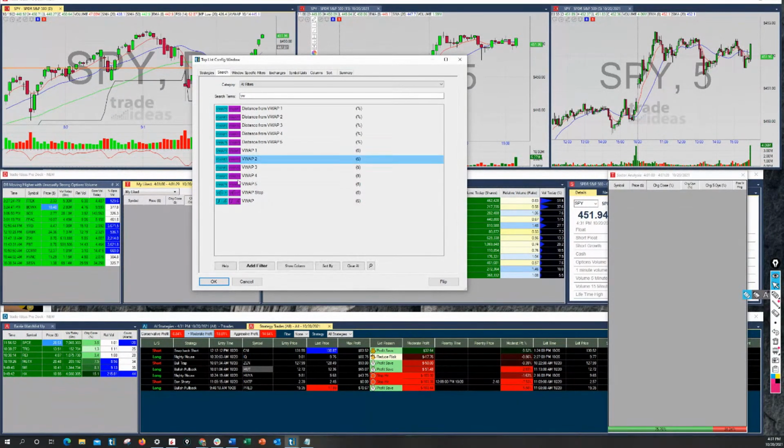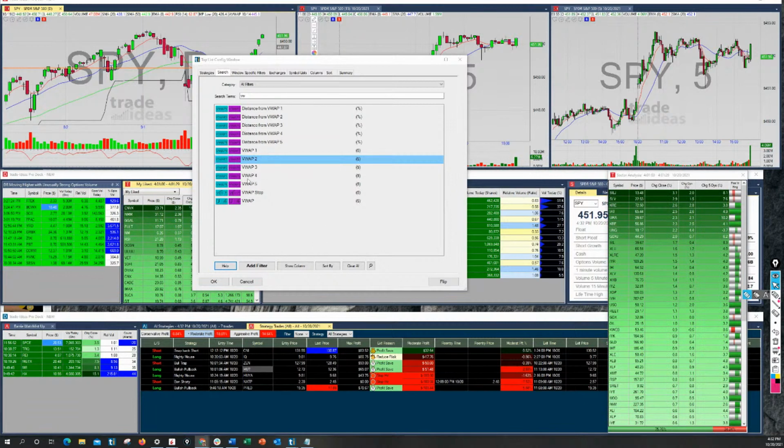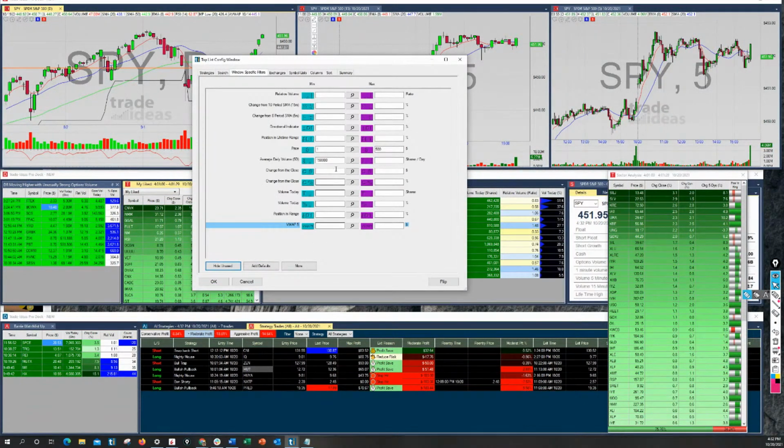Okay, these are, all right. What are these ones looking at? 5. So let's look at a VWAP 5 here. Add filter on the SPY.